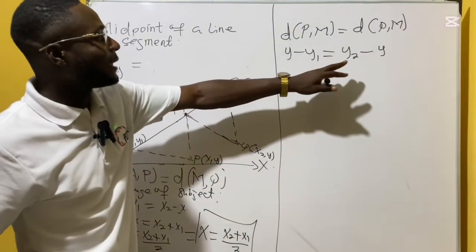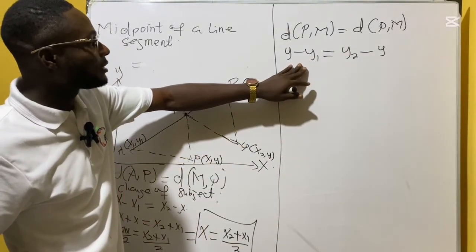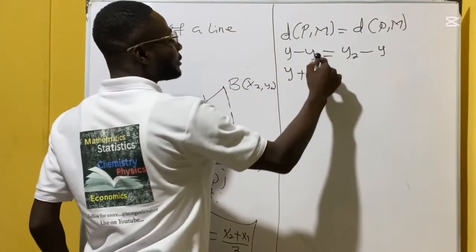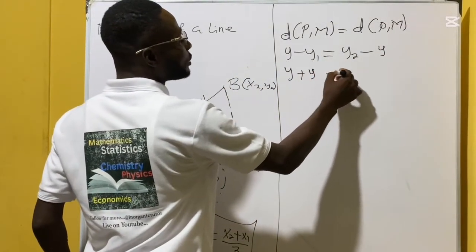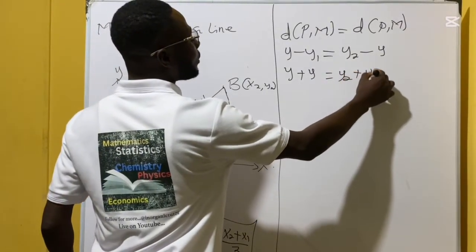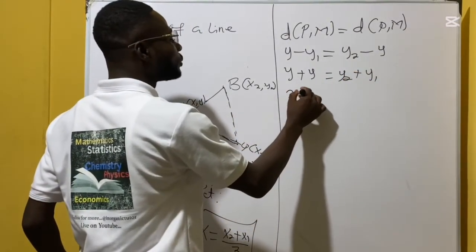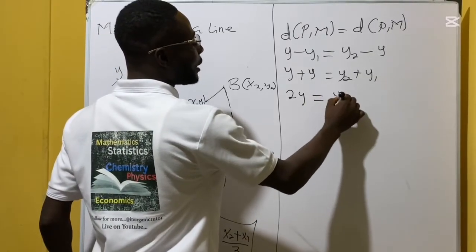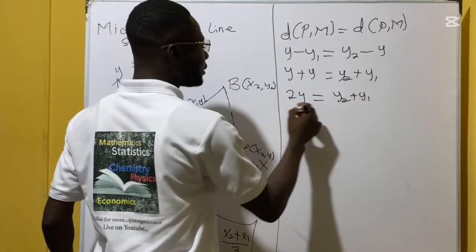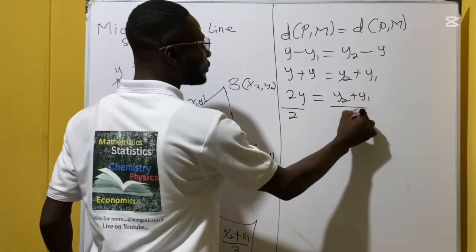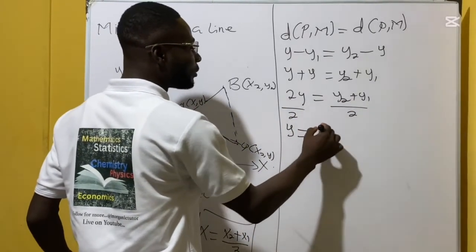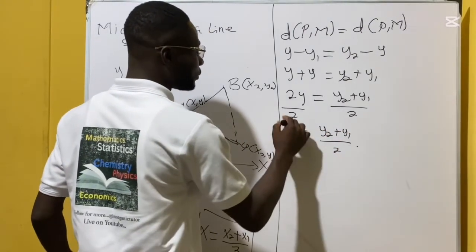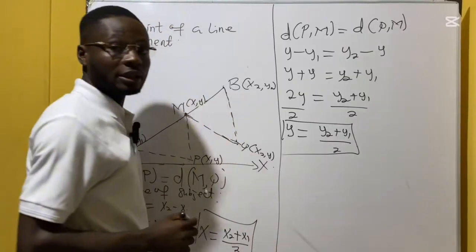So by the application of change of subject, we're going to have y plus y equal to y2 plus y1, right? So we have 2y equal to y2 plus y1. We have 2 here, we have 2 here. So we have y equals y2 plus y1 divided by 2. And that is the y coordinate.